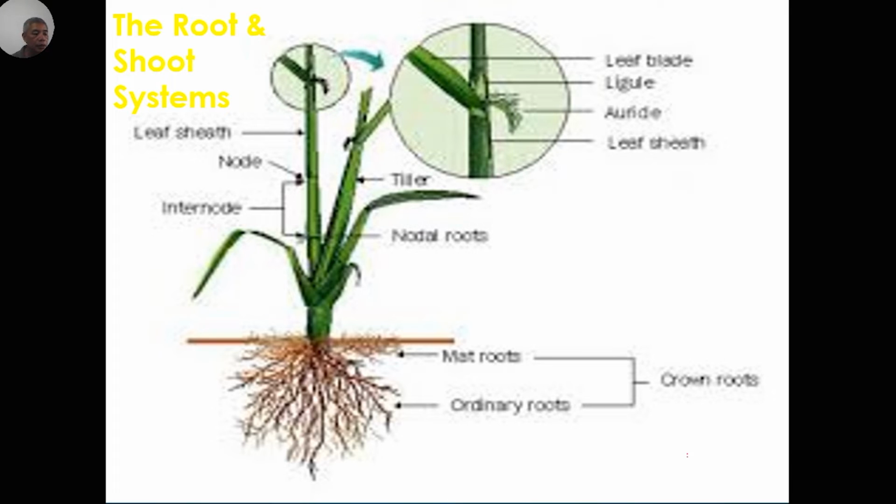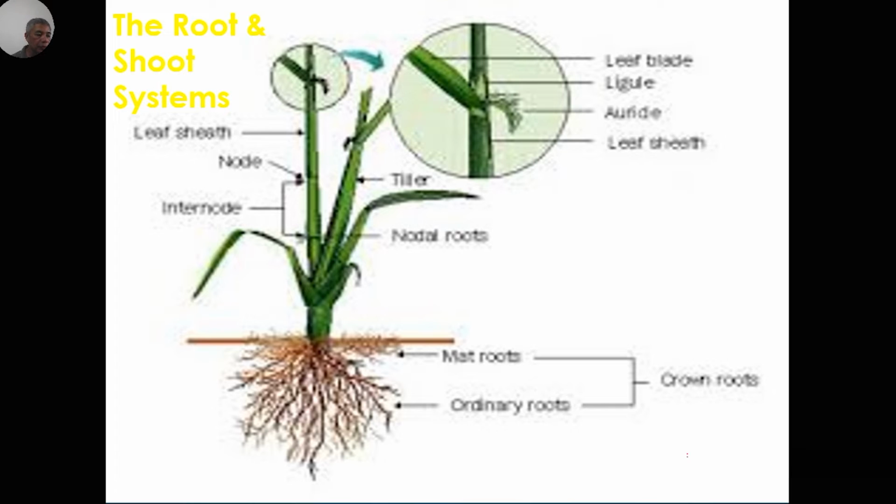And the secondary roots: after some period of time, roots start developing from the node near the soil surface. These roots are called nodal roots. Here there's a node, and of course there are roots. They are considered as secondary roots.